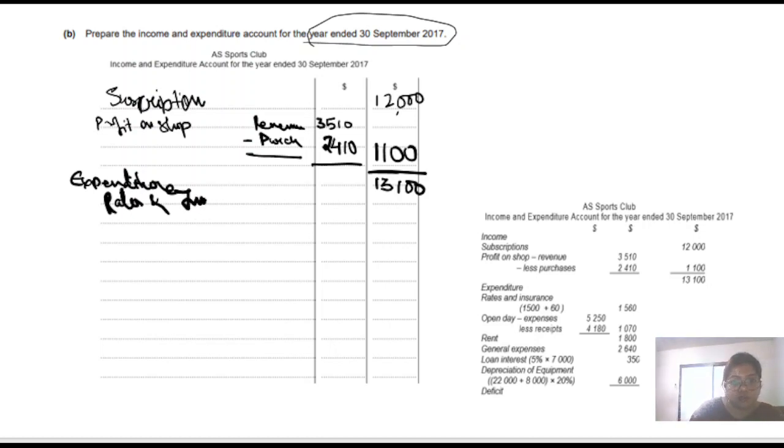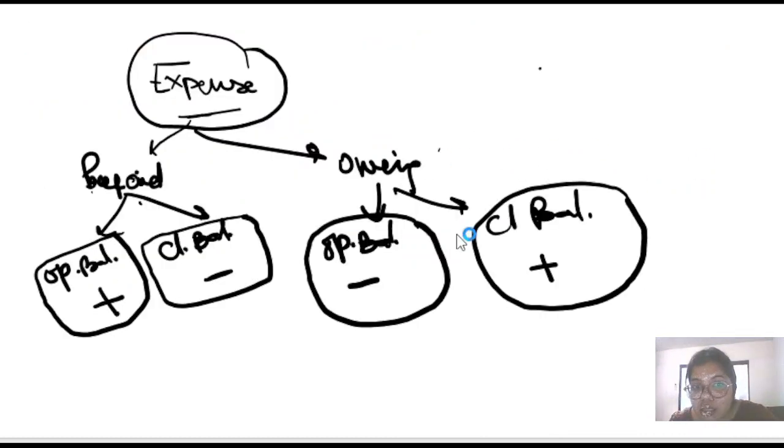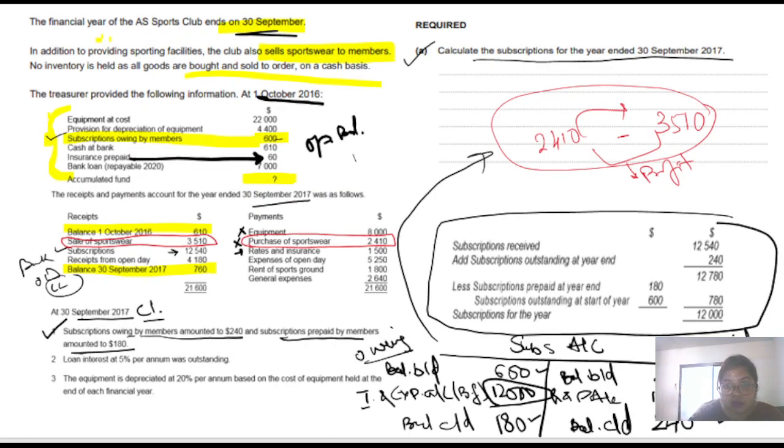So in this question, look here, the rates and insurance is 1500, but there is something related to the rates and insurance in the question. Insurance prepaid is 60. So insurance prepaid, opening balance 60, and our expense, that is rates and insurance, is 1500.